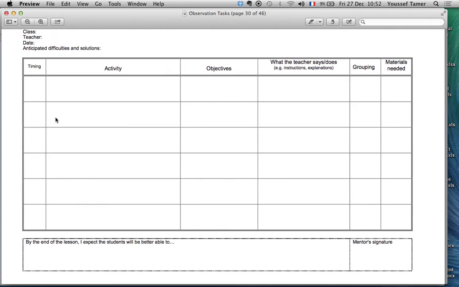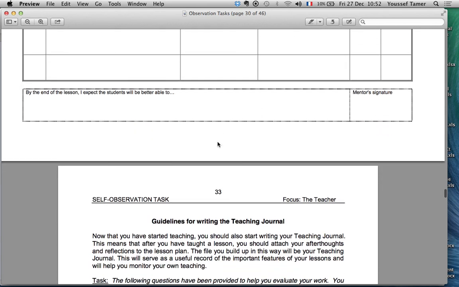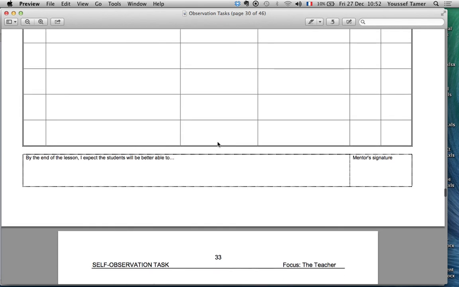And then time: how much time did he spend on this activity? Objectives. So it's like you are doing a report of his or her plan. And then what the teacher says, does, grouping, materials needed. You understand? It's the plan. Teachers don't... Yeah, no. That's paperwork.